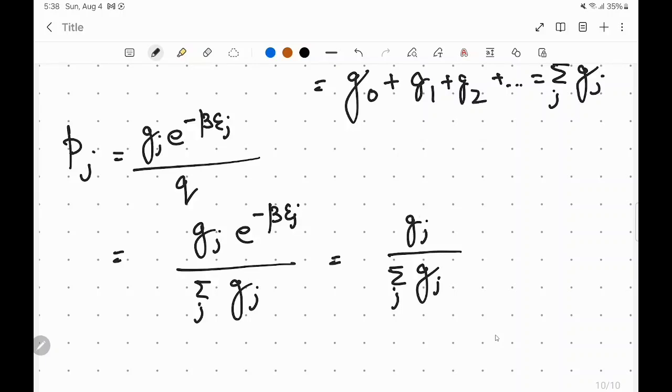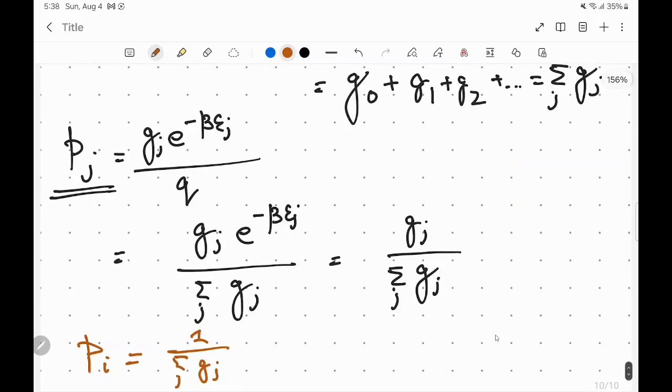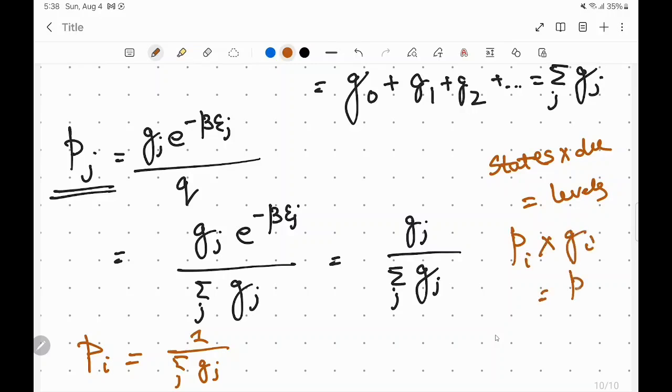Otherwise, it is the same. This is for a level, right? Because, as we have discussed, there are g number of states in a level, degeneracy is there. That's why it's multiplied with g_j. But for a single state, let's say for the ith state, it will be 1 by the sum over j of g_j e to the minus beta epsilon_j, because we know states into degeneracy equals levels.